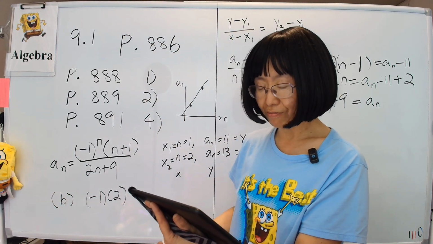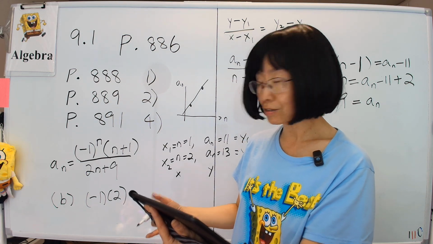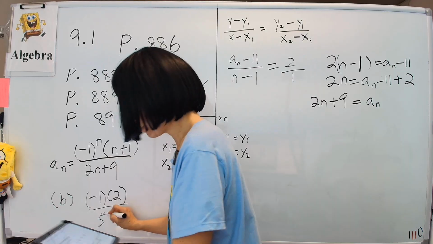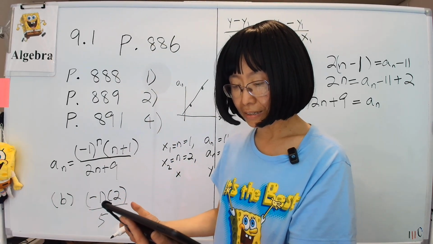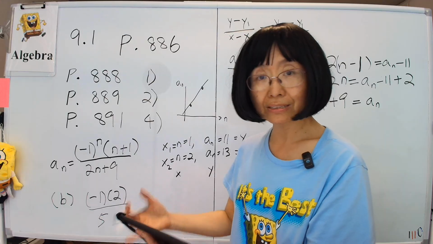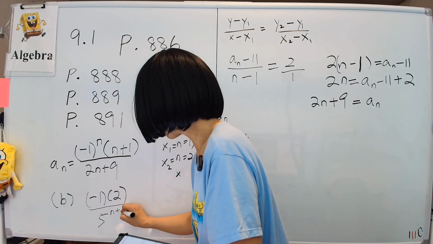First is 25, which is 5 squared. So the first term is 5 squared, the second term is 5 to the power 3, which is 125, and 5 to the power 4 is 625. So it's basically 5 to the power n plus 1.